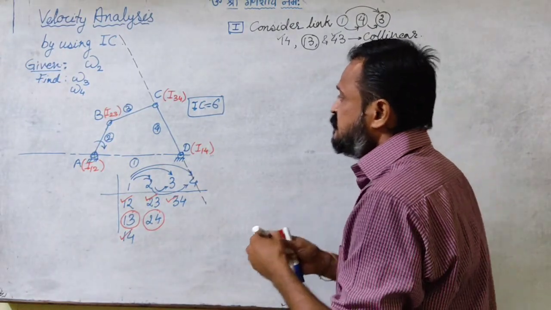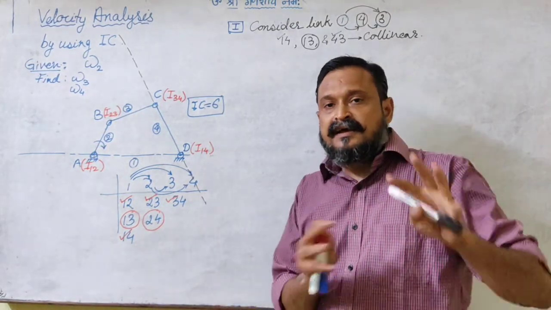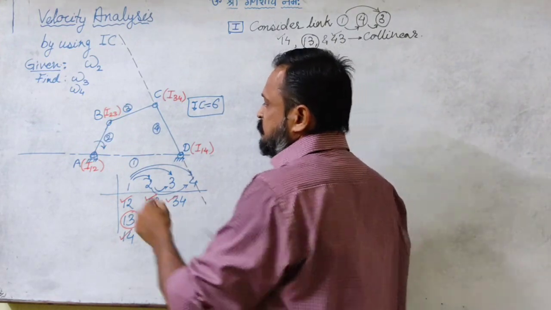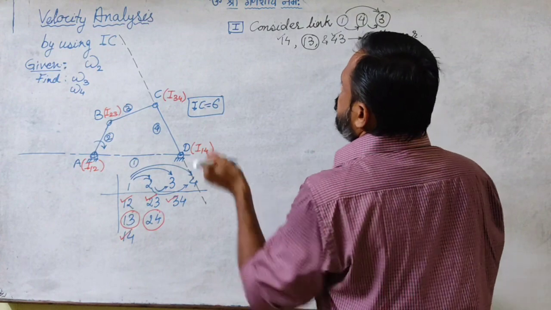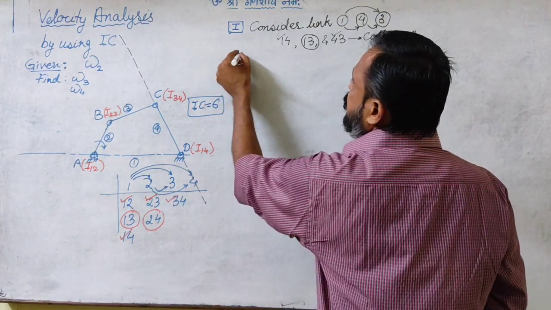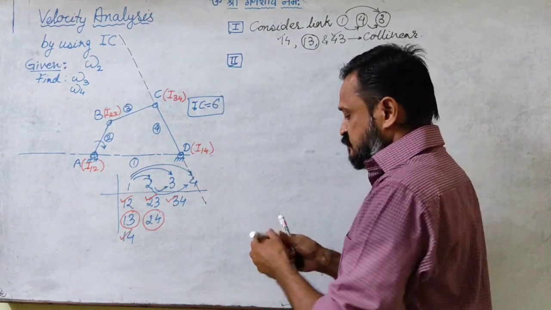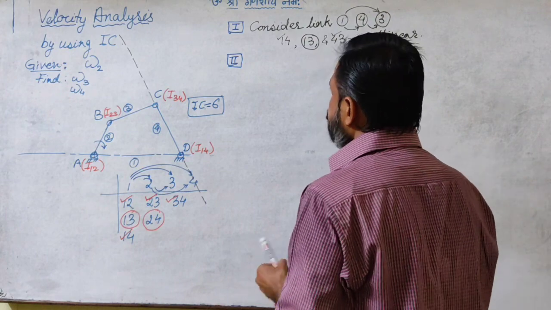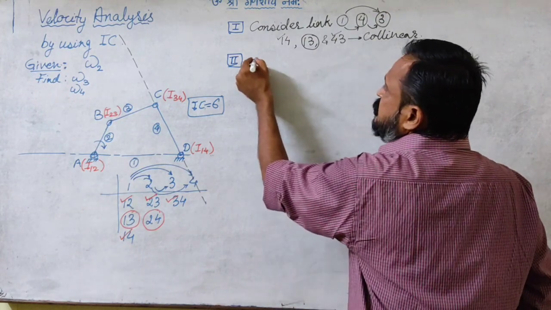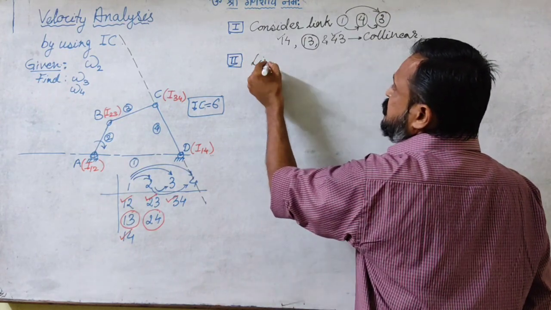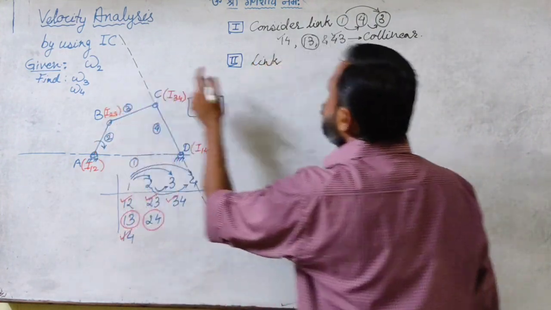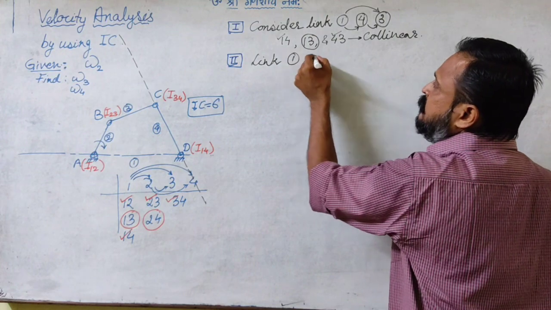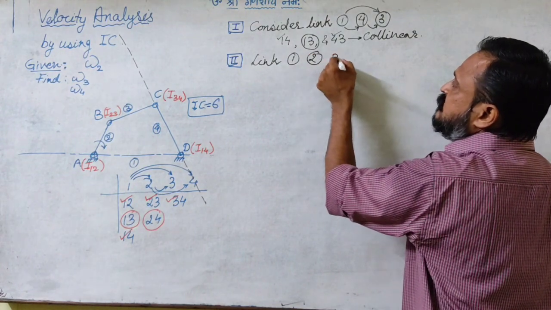Then we consider a second combination of three rigid bodies. Let us consider links 1, 2 and 3.